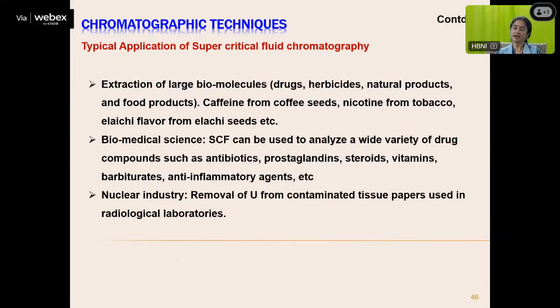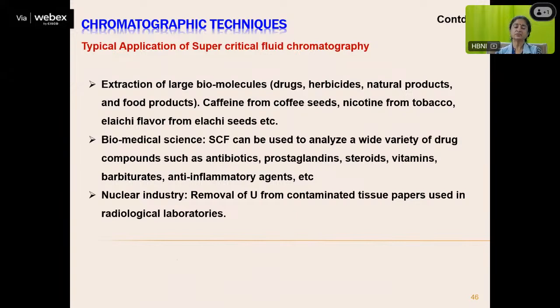The coffee seed will remain intact and the caffeine will be extracted from it. Also nicotine from tobacco, elaichi flavor from elaichi seeds, etc. are widely used applications.